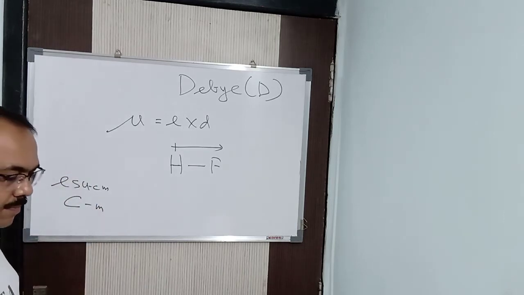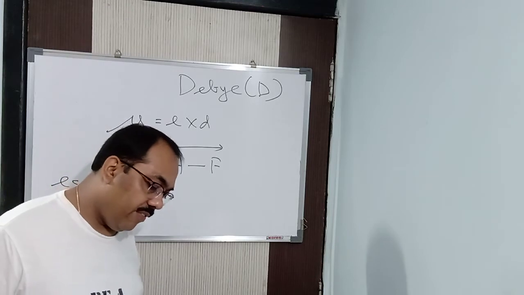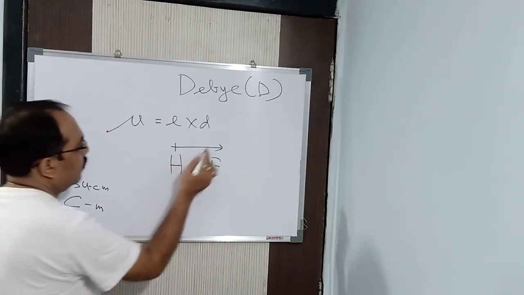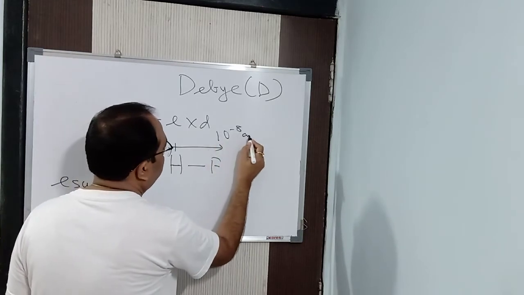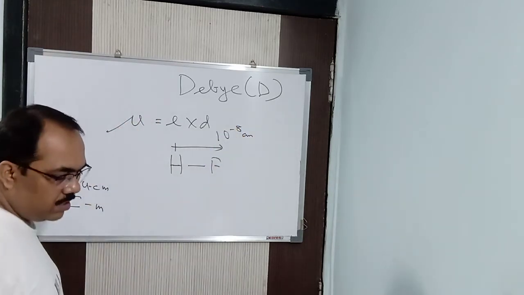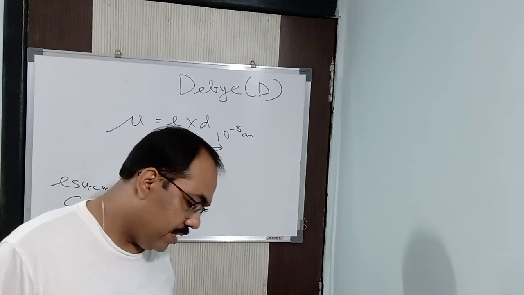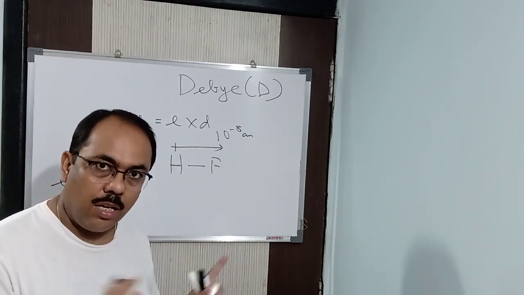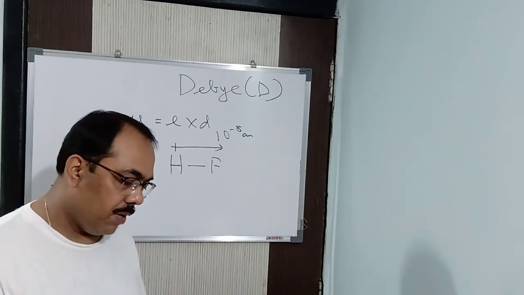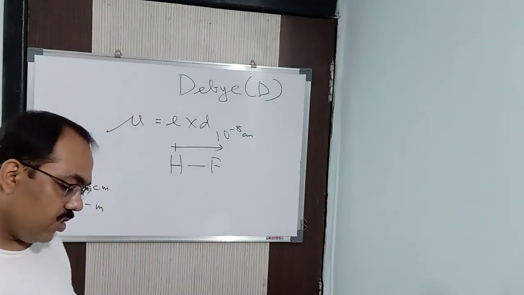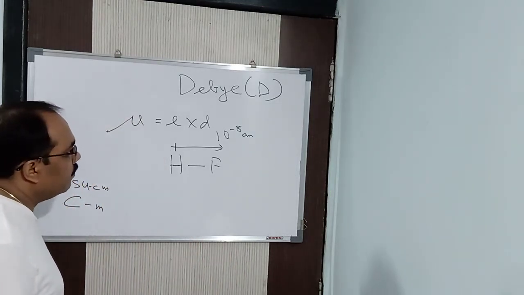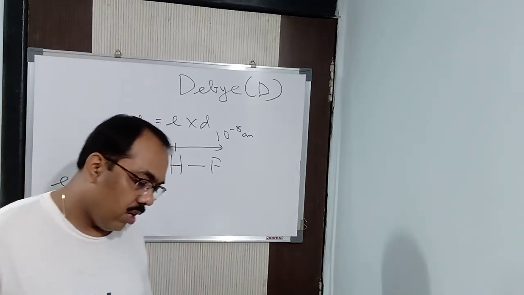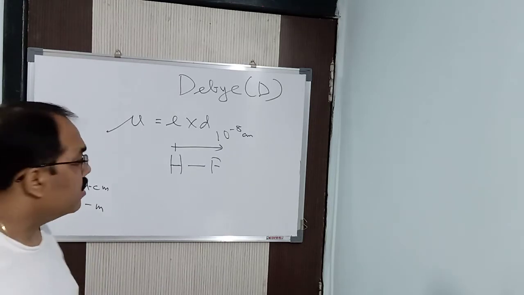Generally, d, the distance between them, is of the order of 10 to the power minus 8 centimeter. It cannot be lesser than that. And the net positive and negative charges are generally of the order of 10 to the power minus 10 ESU.